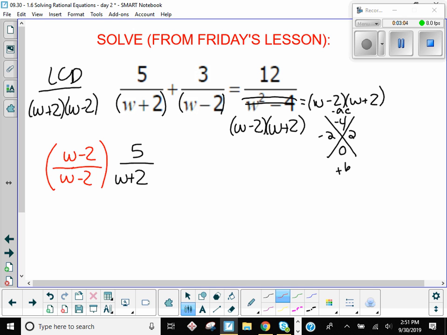And what's the second fraction missing in its denominator? W plus 2. So I need to multiply that by w plus 2 on the top and bottom. And what's the last denominator missing?